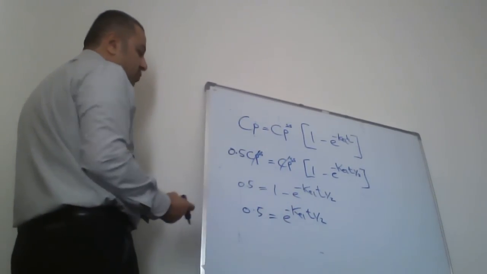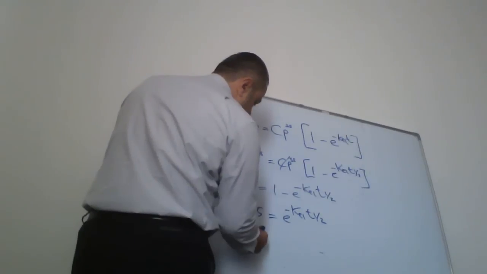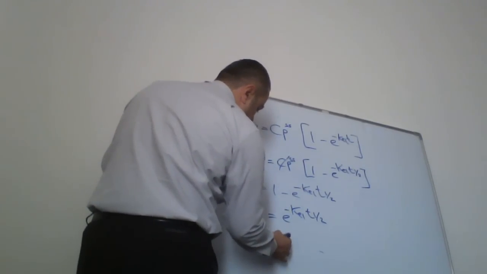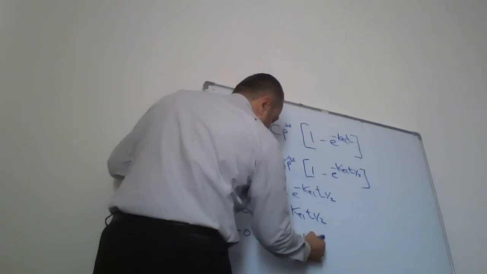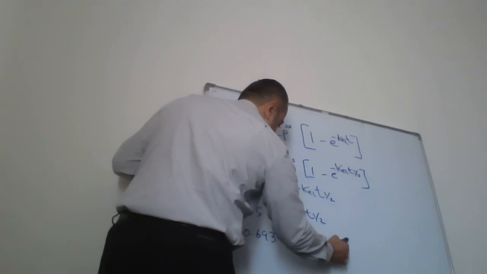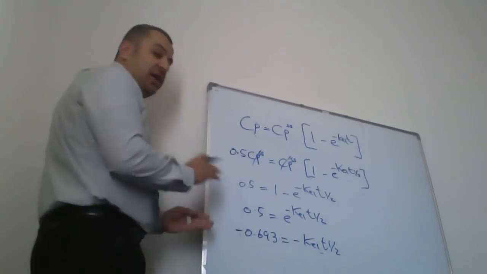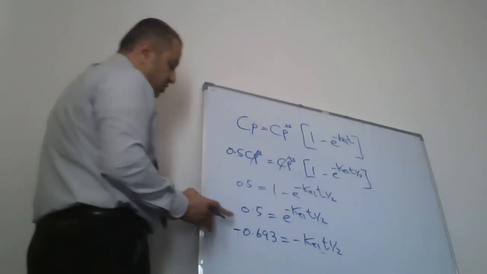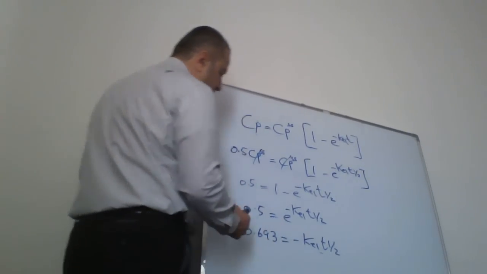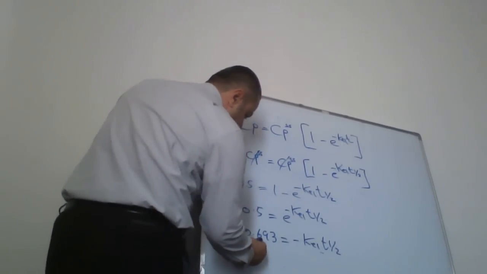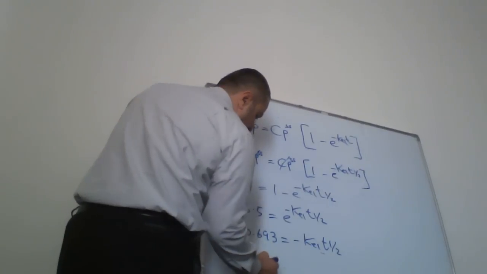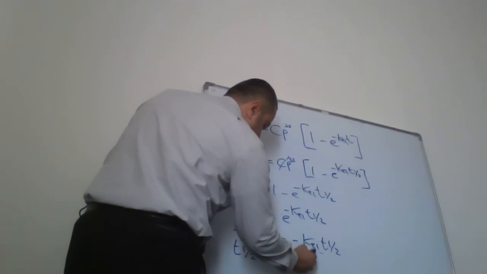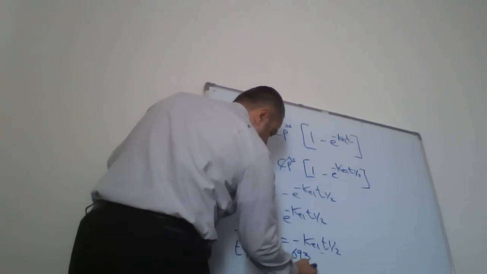Now take ln both sides. You will get minus 0.693 is equal to minus KLP T half. Of course, negative goes with negative, and then you can calculate T half as equal to 0.693 divided by KLP.